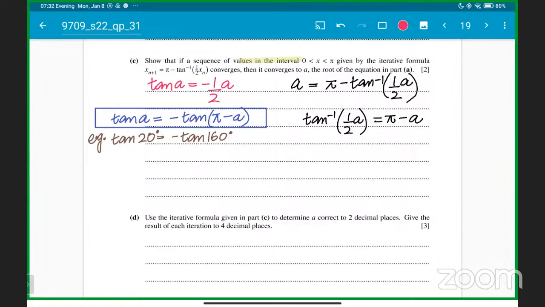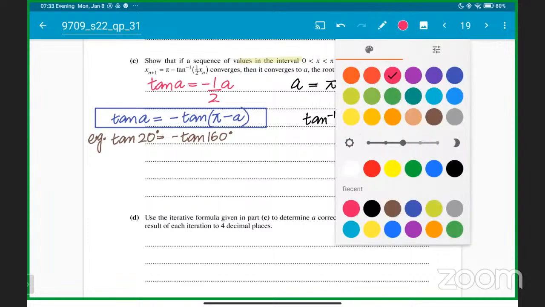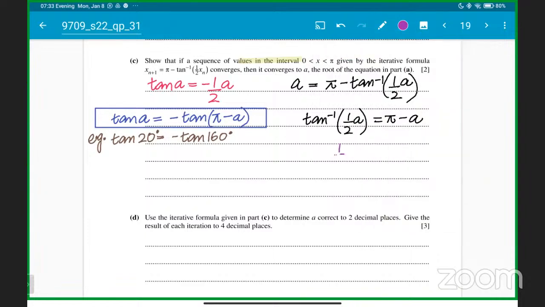You can check in your calculator for any values. Try tan 40, it will be equal to negative tan of 140. So I'm taking tan inverse to the left hand side and bringing a to the right hand side. Now I will remove this, so it will be half a. Follow carefully. Half a is equal to tan of pi minus a. Getting it, guys? Clear?